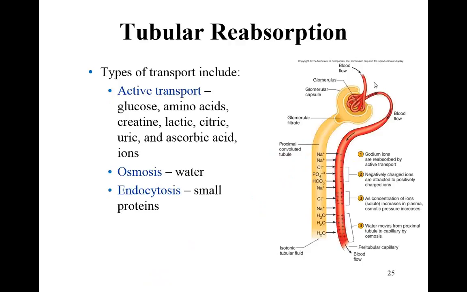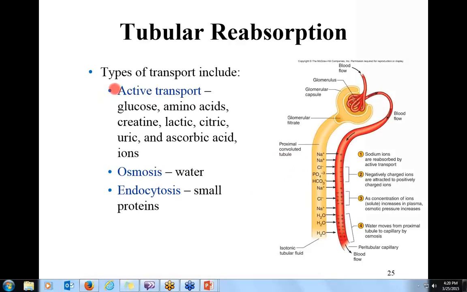Now, what are some of the mechanisms of reabsorption? Well, you have active transport. Remember, ATP is used. This is for glucose, amino acids, certain ions. The one we're going to talk about in particular is sodium. Sodium ions are actively transported out of the nephron.